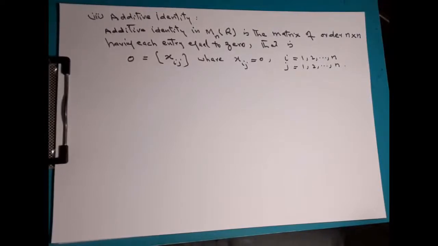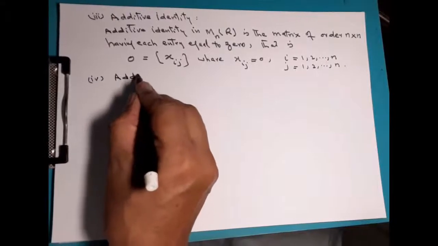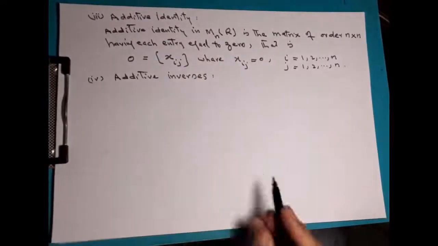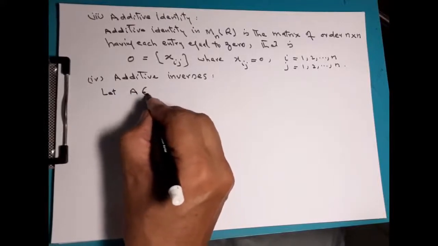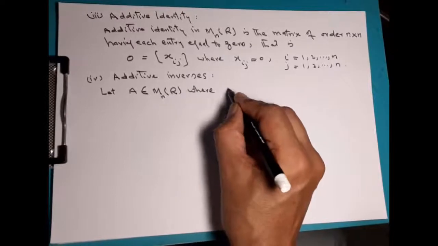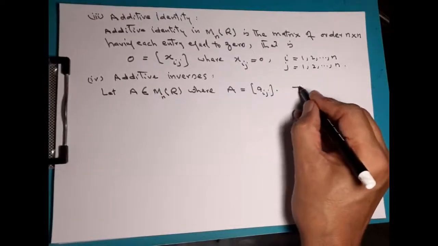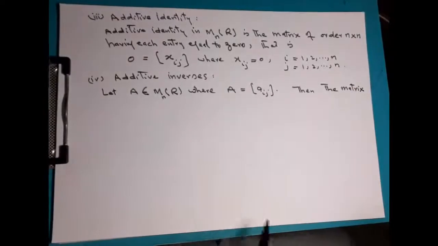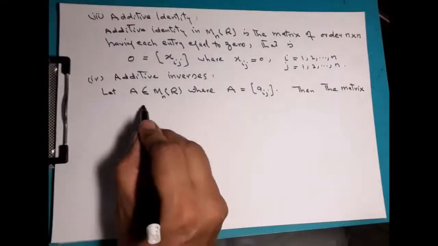Next we come to additive inverses. So let A belong to MnR, where A is equal to this particular matrix Aij, then the matrix, and you know this matrix very well, all you have to do is just change the sign of each entry of this matrix A. So this is the matrix we are talking about.